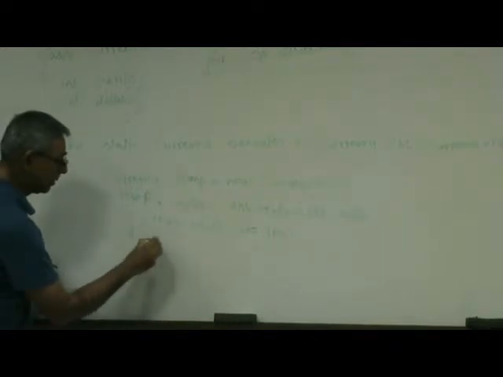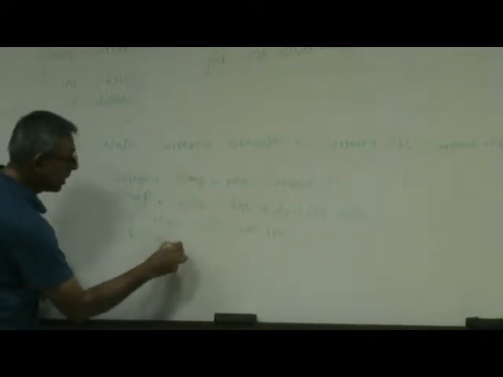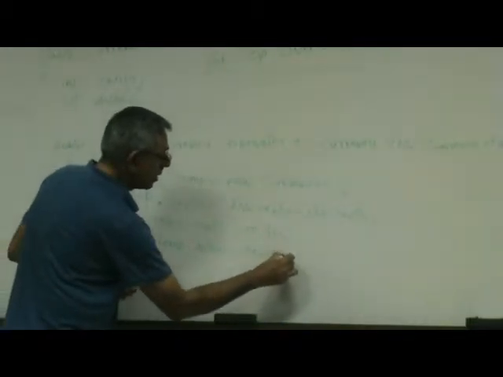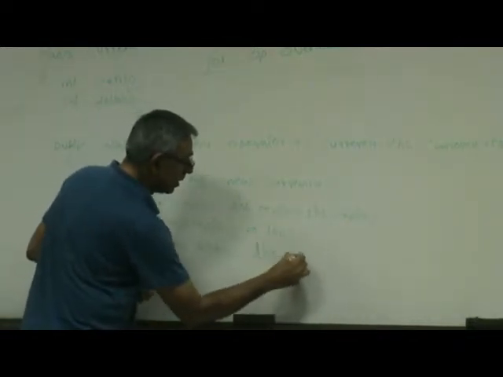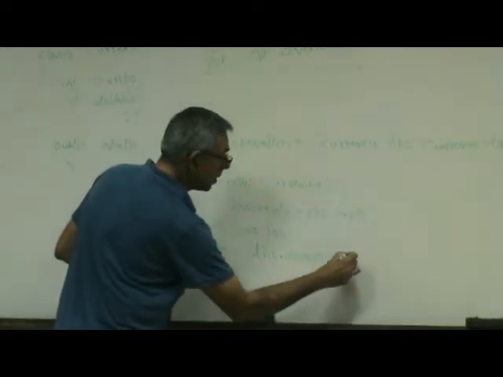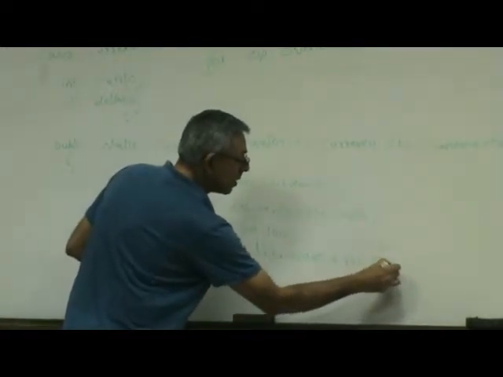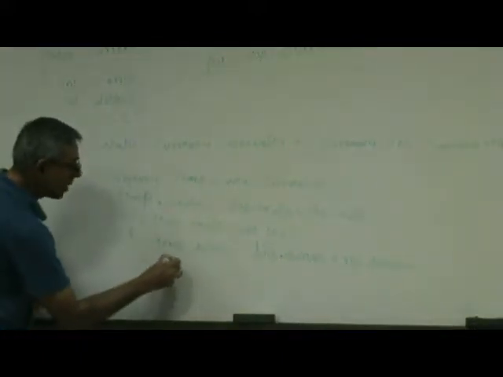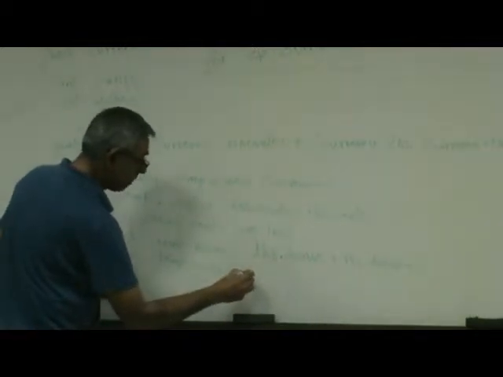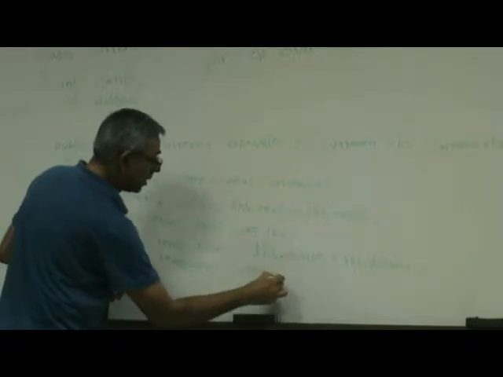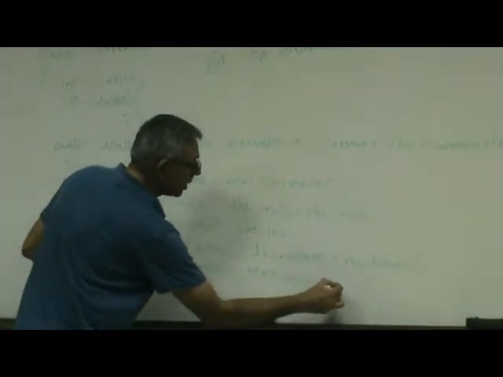Okay, if temp dot cents is greater than 100, then you will do temp dot dollars equal to temp dot left hand side dot dollars plus right hand side dot dollars plus 1, right? And you will do temp dot cents equal to temp dot cents minus 100.